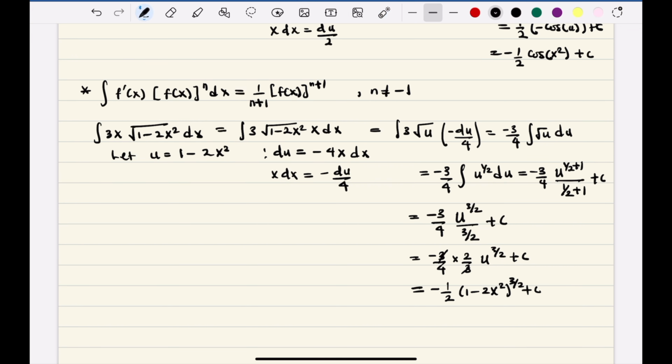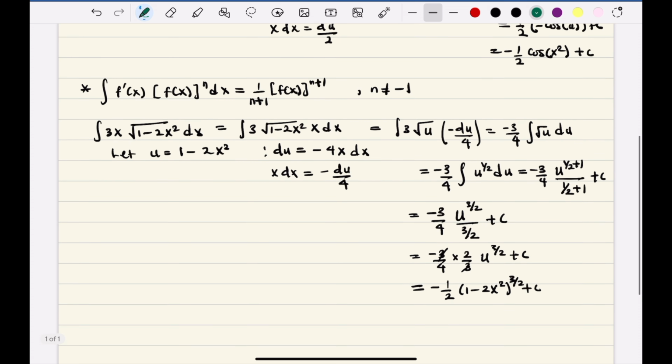If you take a look at it again, the integral of 3x square root of 1 minus 2x squared dx is exactly the same thing as the integral of 3x times 1 minus 2x squared raised to power 1 over 2 dx.